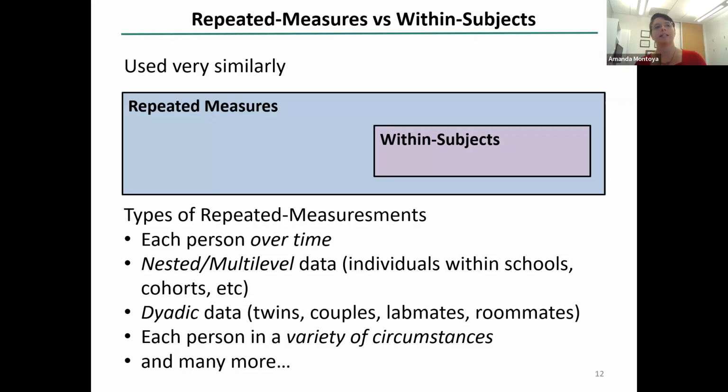We could think about things like dyadic data, so twins or couples or lab mates or roommates. And we could measure people under a variety of different circumstances. All of these fit under repeated measures designs, but we are going to narrowly focus on the within subjects designs aspect.